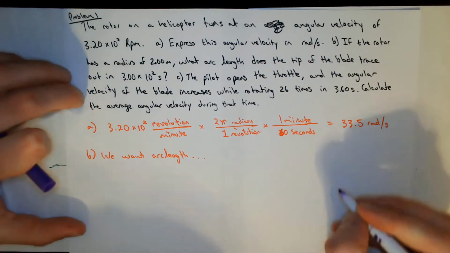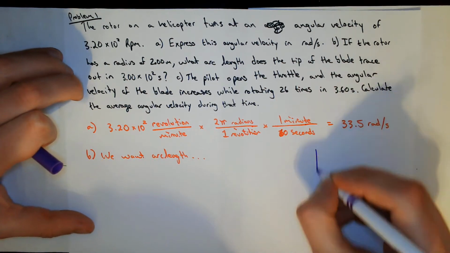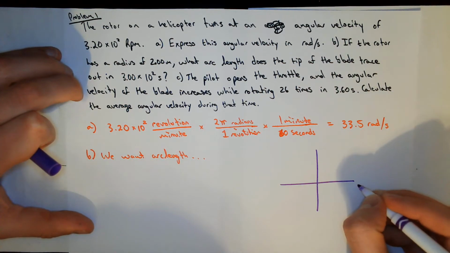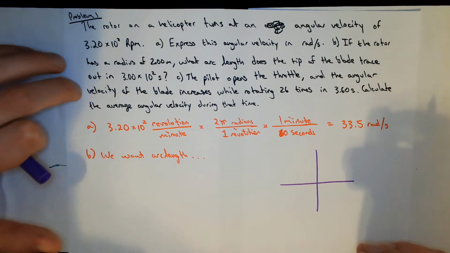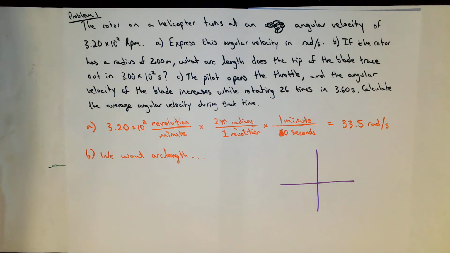Well, maybe I should have written this down earlier, but I'll just quickly remind you now that if you have an angle and a radius, then you can find arc length, and vice versa with the other relationships.